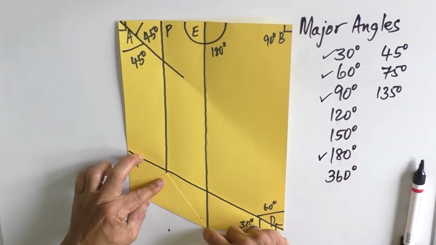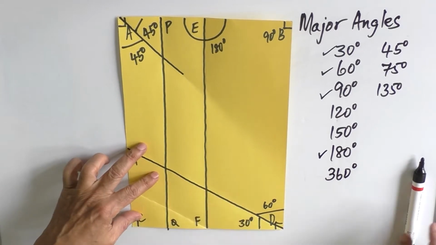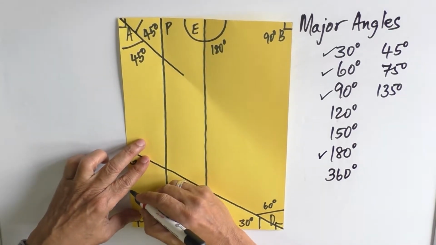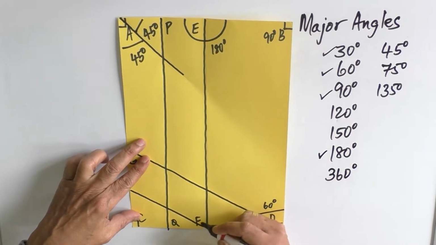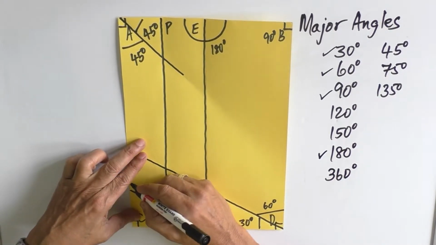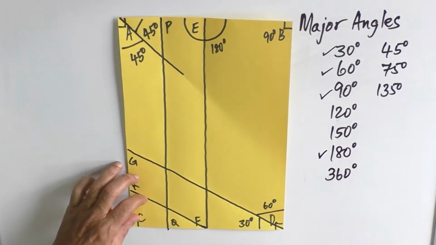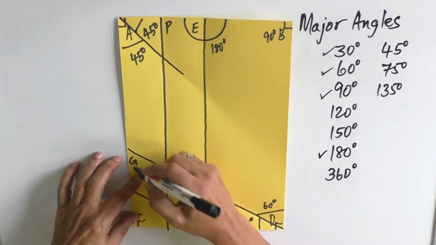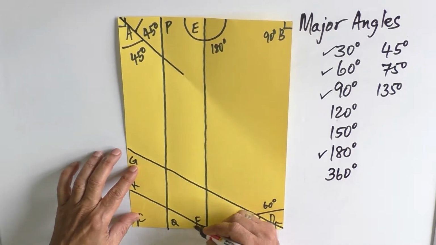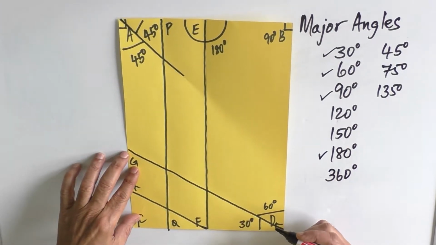right, and then connect that line and call that FR. Now you can notice that the line DG and the line FR are parallel.